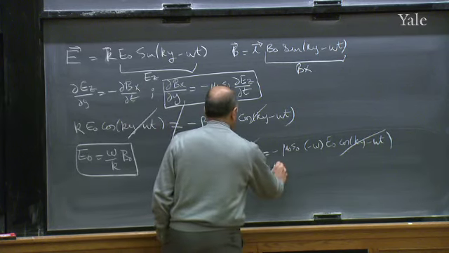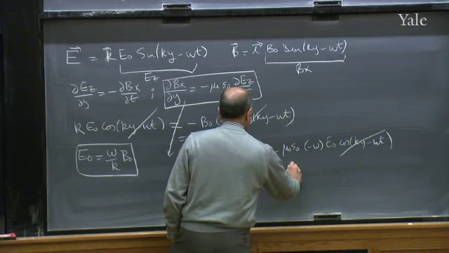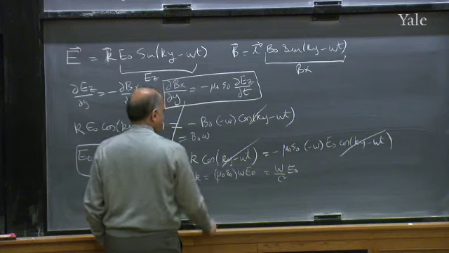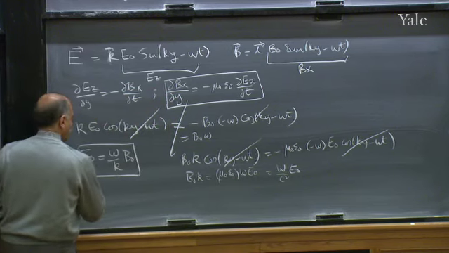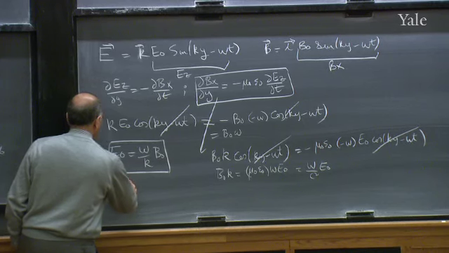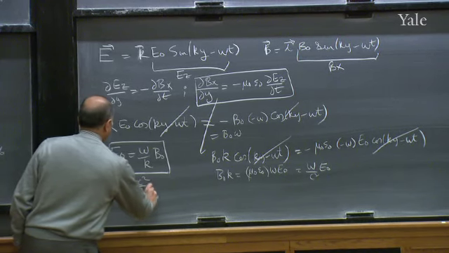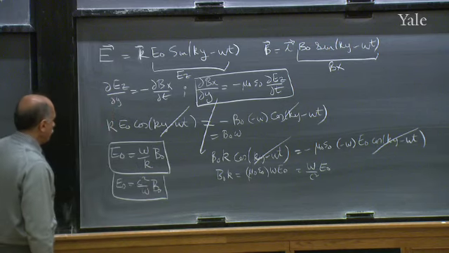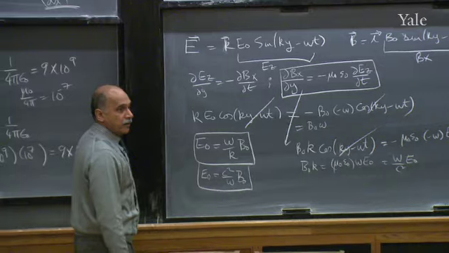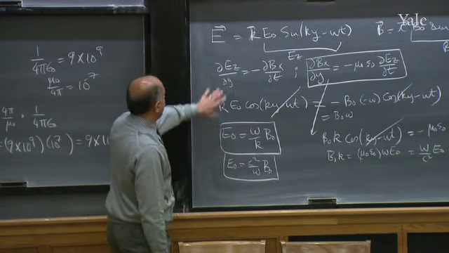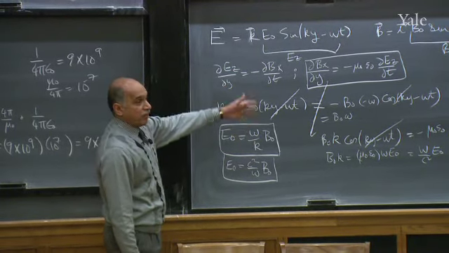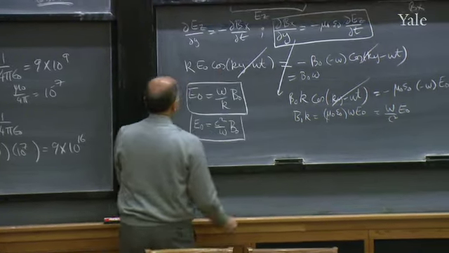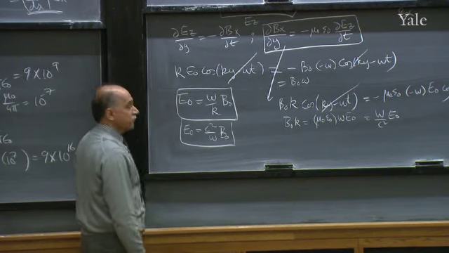But that is equal to omega over c squared times E0, because mu naught epsilon naught is 1 over c squared. So I get a second condition, which I can read as E0 is equal to c squared over omega times B0. So these are the two conditions in the end. If you want the function to look like this traveling wave with sine waves in it, then the amplitude for E and the amplitude for B have to satisfy these two conditions.